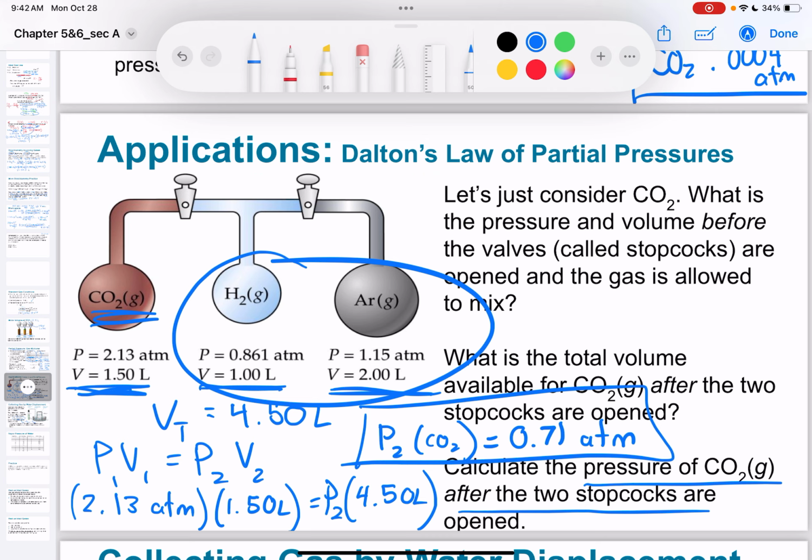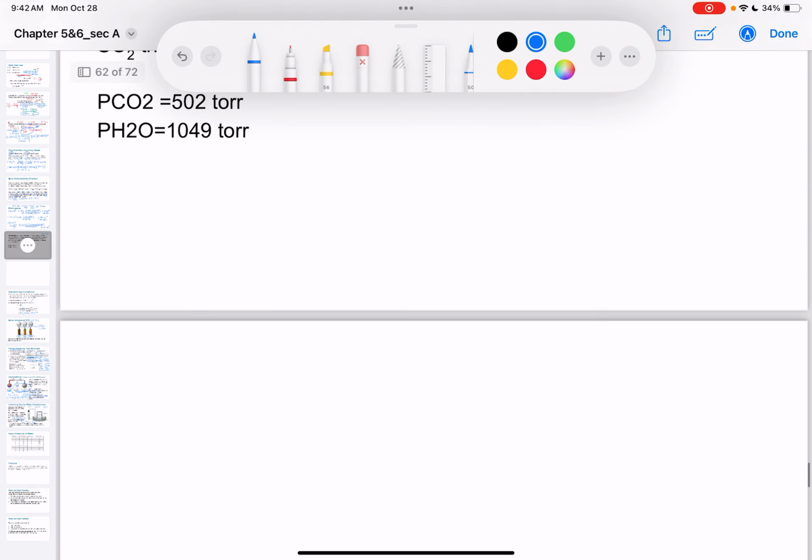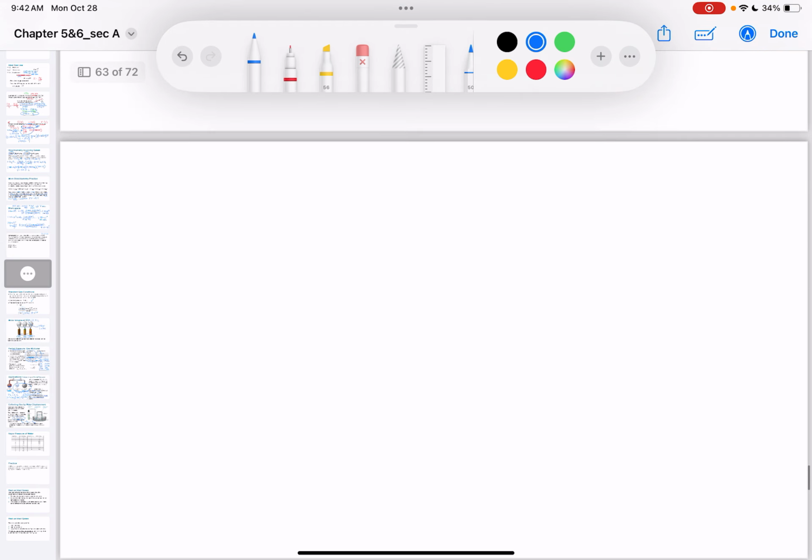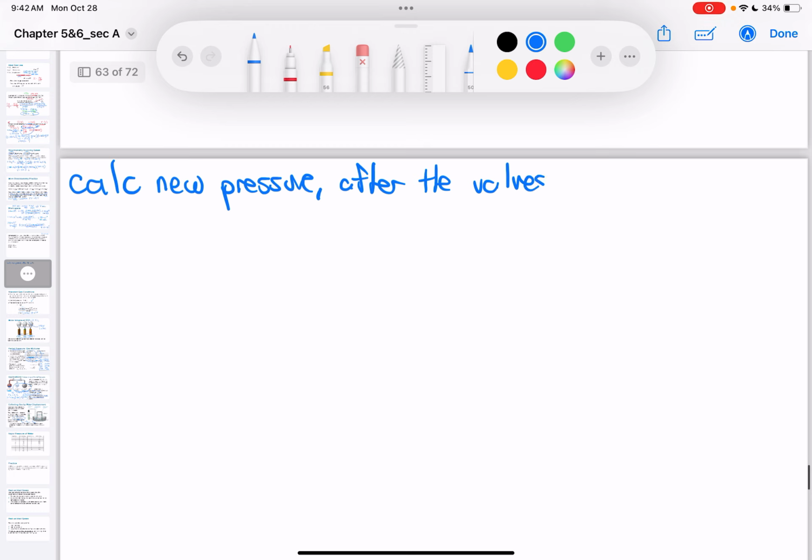So I realize the question doesn't actually ask this, but I'm adding this in. So let me rewrite it up here. So we calculated the pressure of CO2, and now we want to do the pressure of H2 and the pressure of argon. So calculate the new pressure after the valves are opened of CO2, which we already did, argon, and hydrogen.